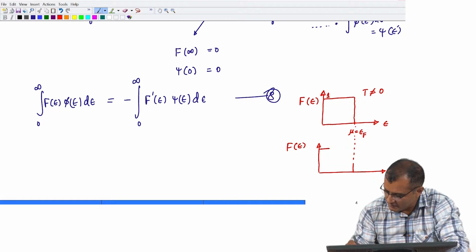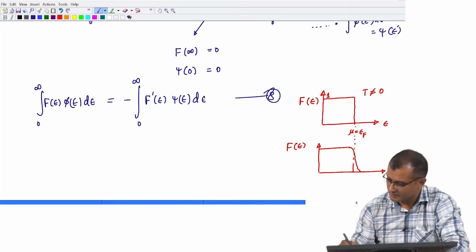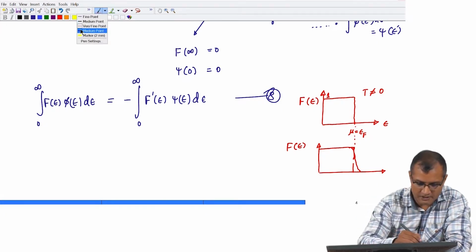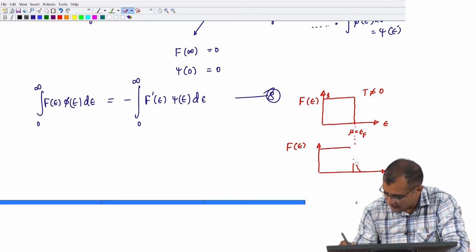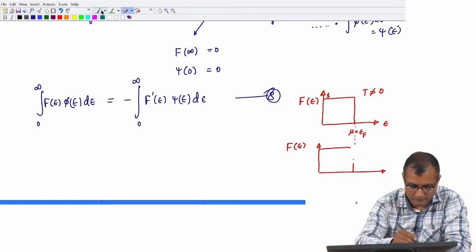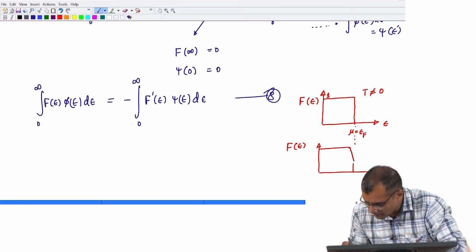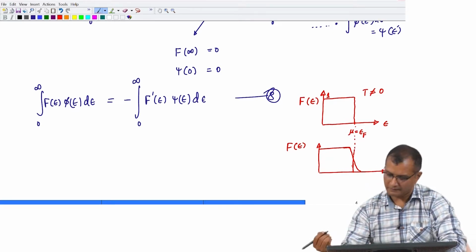So, a small fraction of electrons of the order T by Tf are excited above the Fermi surface. So, I am going to say that this is my excitation. Okay.